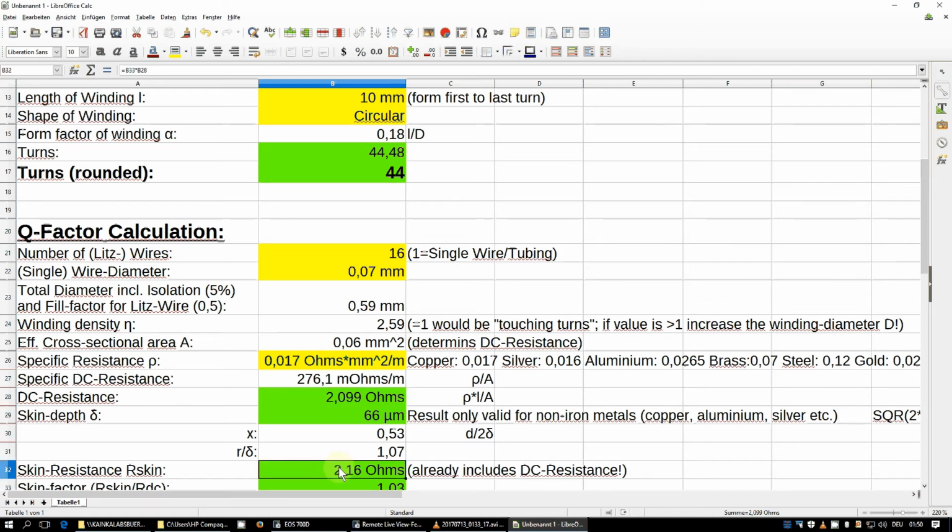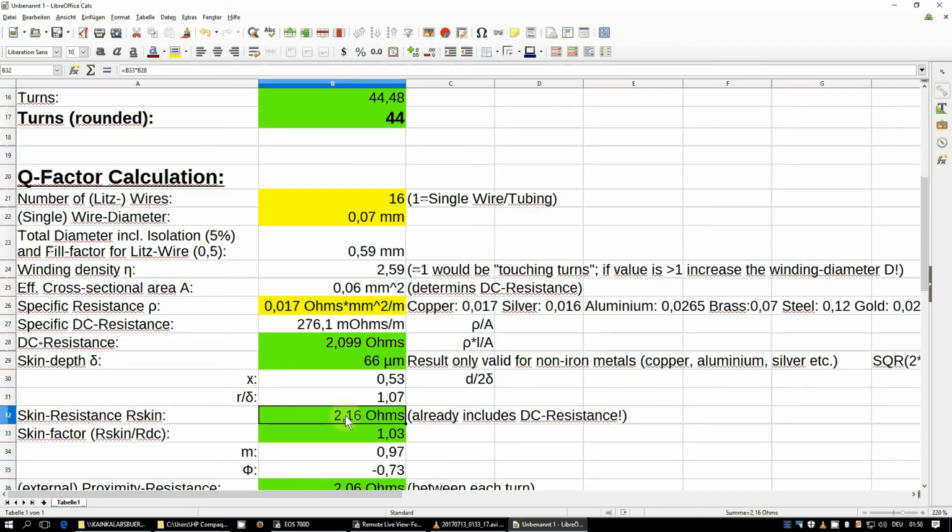Anyway, the skin effect hardly plays any role. The skin factor, which gives you the increase of the DC resistance, is only 1.03, which means we only have a 3% increase of the DC resistance because we use Litz wire. If you would use a single wire, this would look totally different. So skin effect does not come into play.